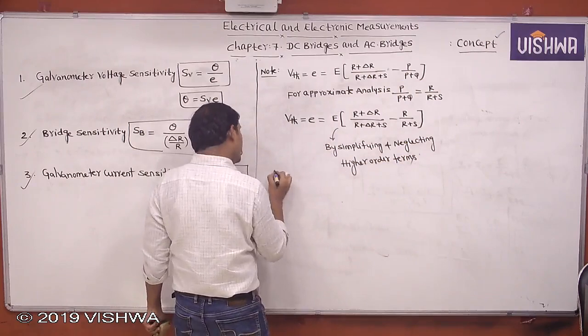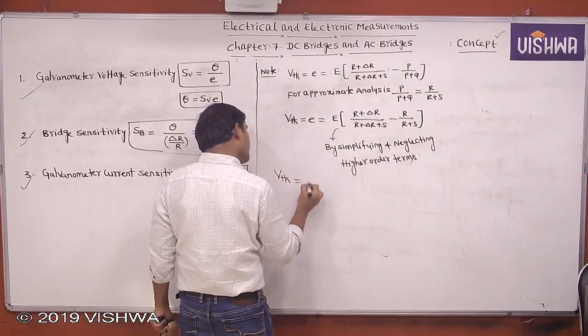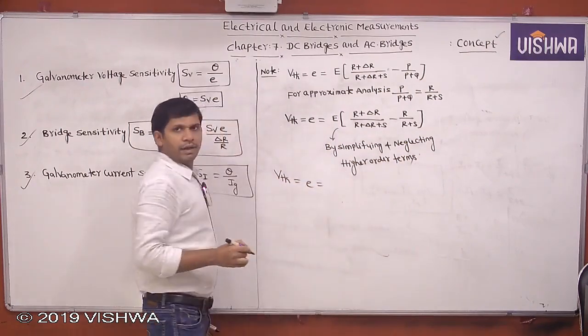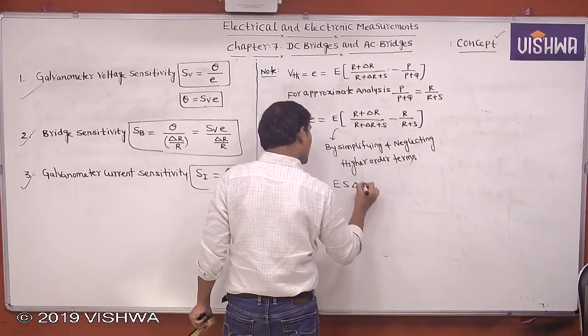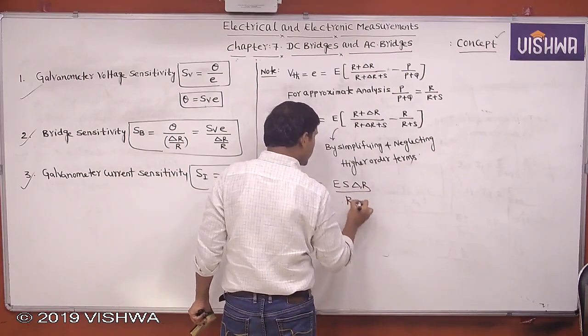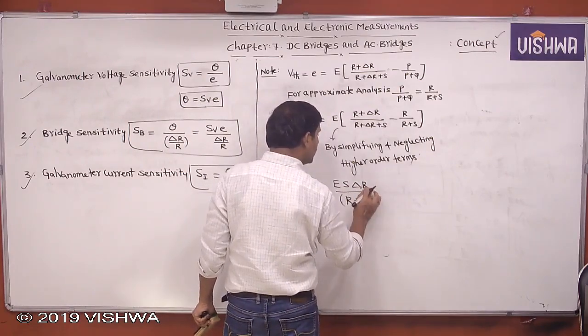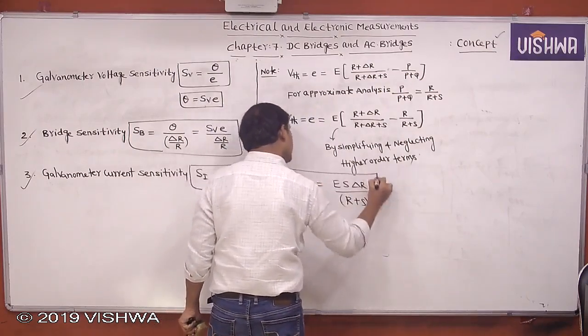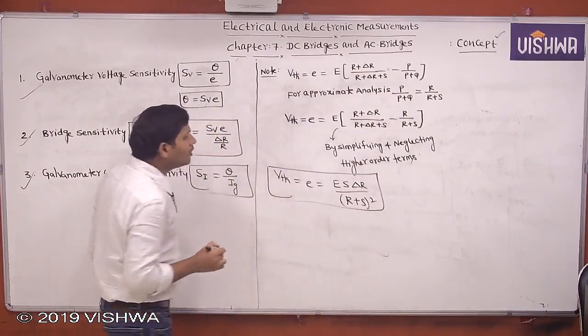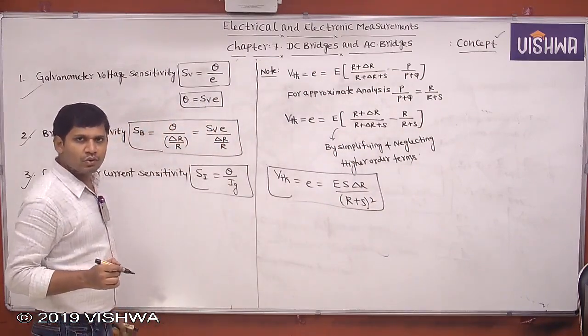Then what is VTH equal to? We can get directly: VTH equals E S into delta R by R plus S whole squared. This is one more formula for the voltage across the galvanometer. But this is not exact, this is approximate. VTH equals E S into delta R by R plus S whole squared.